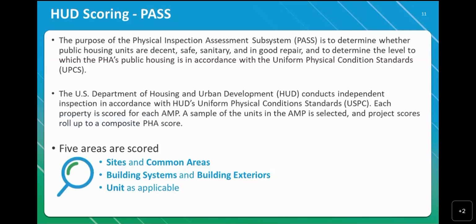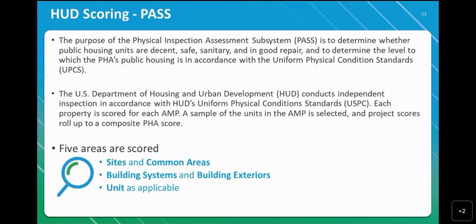All that information is compiled to a project score that runs up to a composite score for the housing authority, because you may have only one property or AMP, or you may have 10 or 20 AMPs. So each AMP is scored separately to come up with a composite score. The 5 areas scored: sites and common areas.